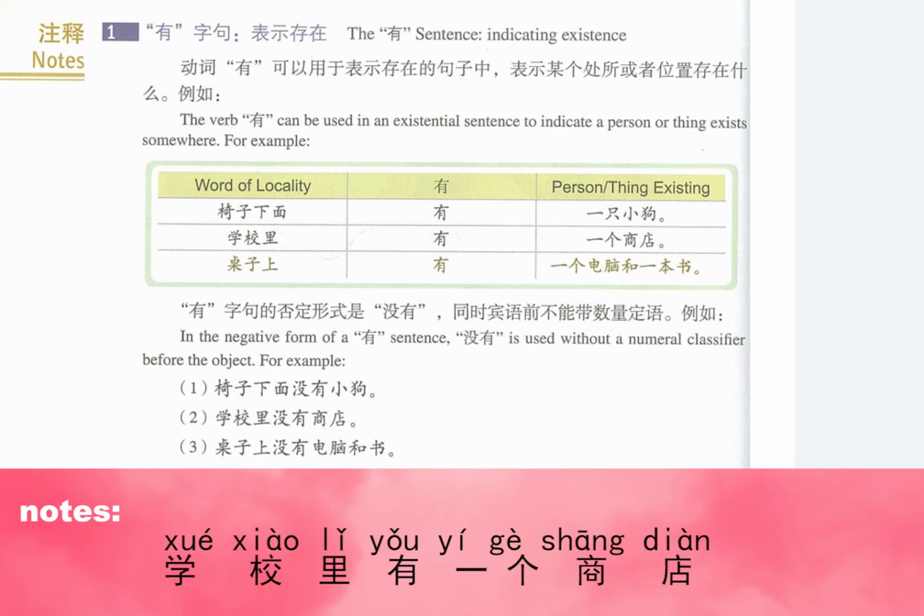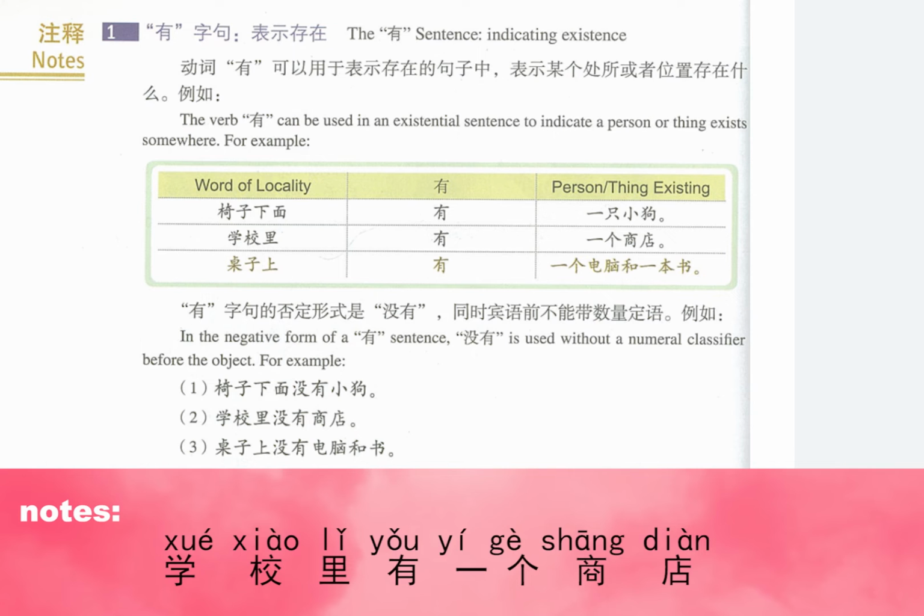Again, you see, literally the translation would be school inside, because 学校 means school, 里 means inside, right? In English, it's wrong, because in English you say inside the school, but in Chinese you say school inside. 有 means there is.